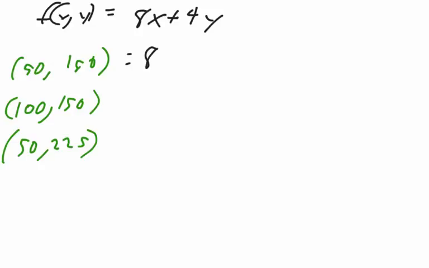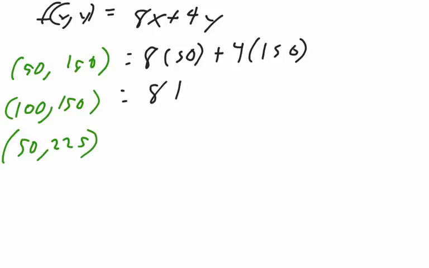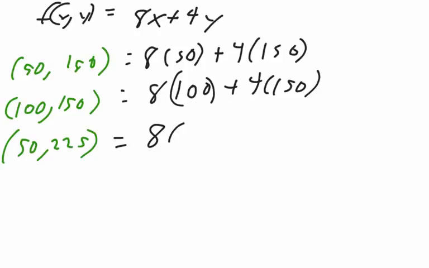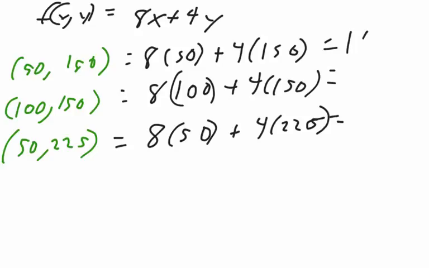So 8 times 50 plus 4 times 150, 8 times 100 plus 4 times 150, and 8 times 50 plus 4 times 225 equals: this one is 1,000 cents, the second one is 1,400 cents, the last one is 1,300 cents.